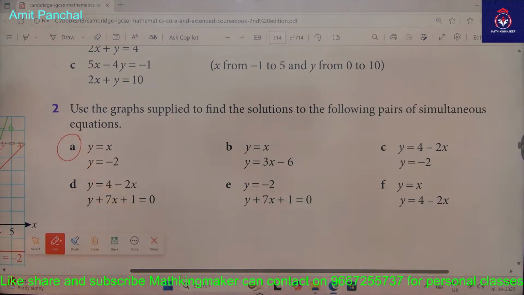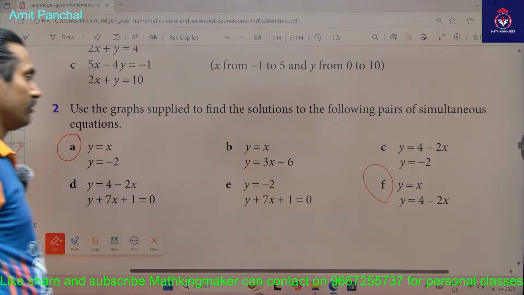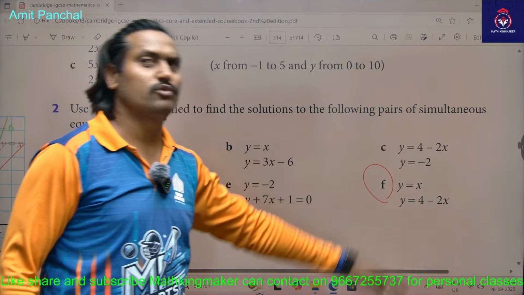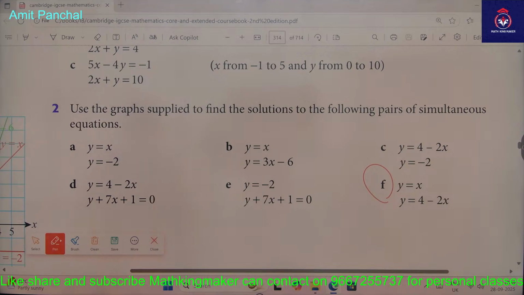Okay, we don't need a graph, but can we do that last one? y equal to x and y equal to 4 minus 2x. Yes, I'm working on it now.